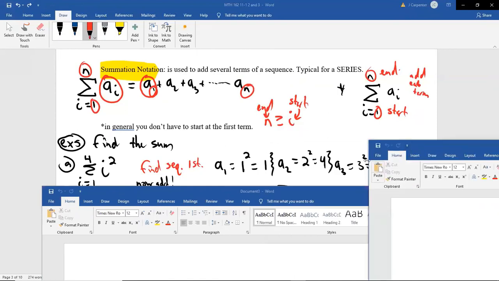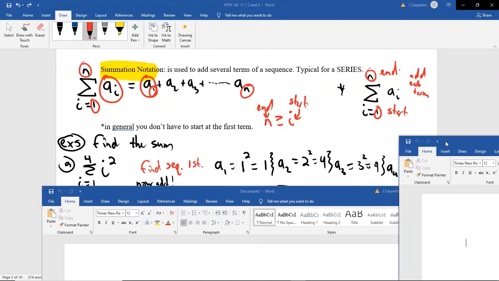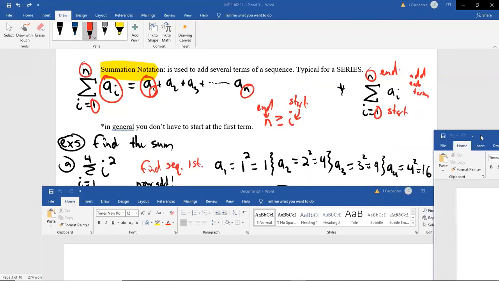Again, the I is like your variable here, 3 squared being 9. And your fourth term just says make the I a 4. 4 squared is 16. So these are the first 4 terms of the sequence. This is all we need to move on.